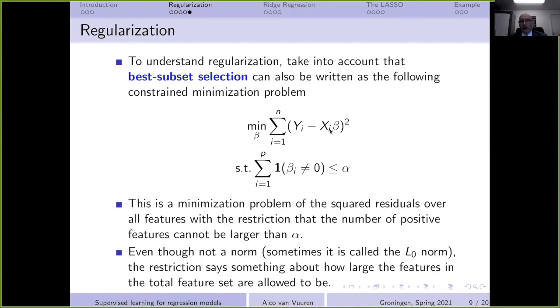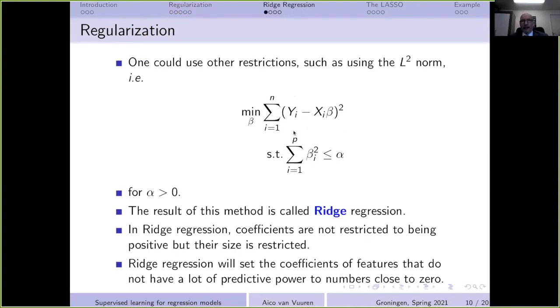So in that sense, what best subset selection does is look at those x's which have a good predictive performance. That is exactly what you would get when you look at this minimization problem. When you look at ridge regression, then again, for those x's that have a good predictive performance, we set the beta coefficients at least close to those that you would have had when running ordinary least squares.